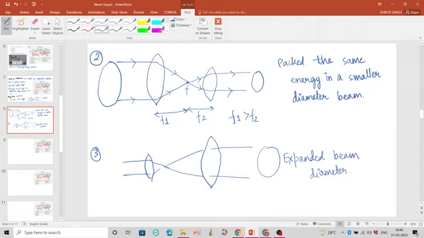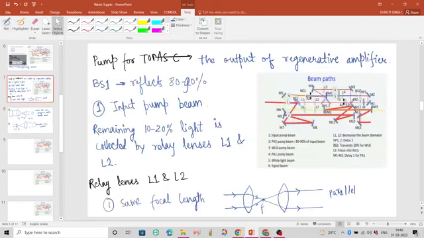So here the first one, F1, is smaller than F2. So in this case, we have L1 of bigger focal length than L2. So why does this happen? Why are we using this?